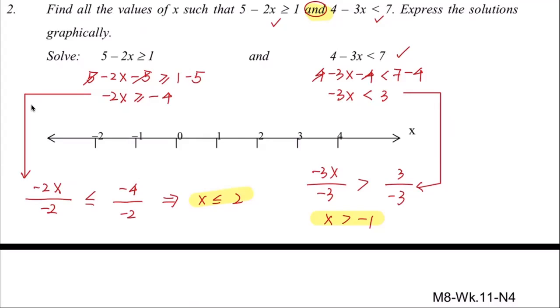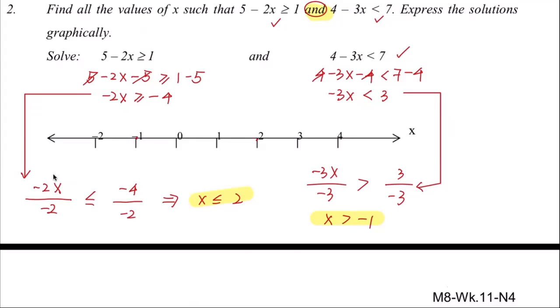Okay, so first, how do we draw the solution on the graph? First, we need to find the boundary points, right? Which is 2 and minus 1. Okay, 2 and minus 1. So 2 here, minus 1 here, right?